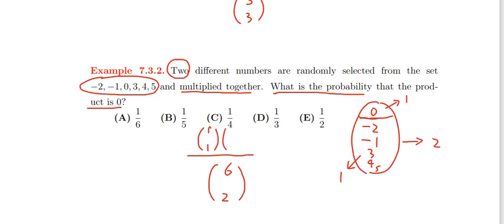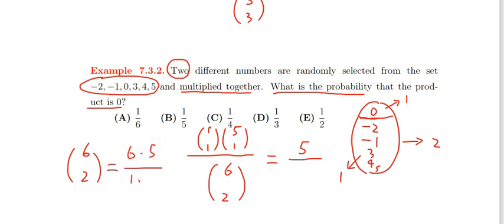This part has 5 in total, pick 1. So this number equals 5 choose 1, which is 5. 6 pick 2 is 6 times 5 over 2, which is 15, right? So the probability is 1 over 3.